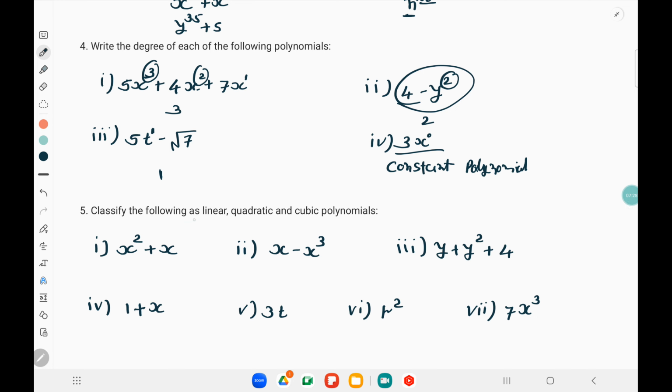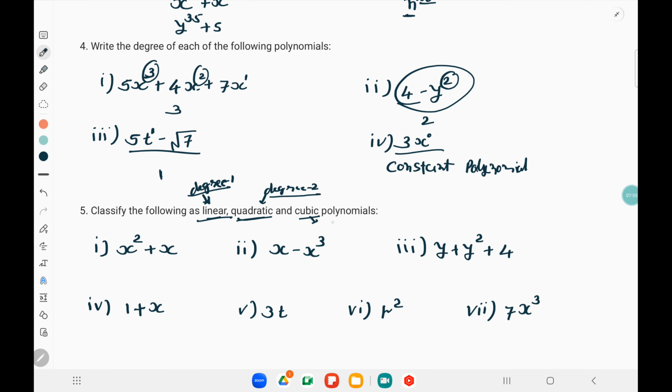Classify the following as linear, quadratic and cubic polynomials. So linear means what? Let's see first. Linear means degree 1. If a polynomial has degree 1, we call it linear. Quadratic means degree 2. If the highest degree is 2, then we call it a quadratic polynomial.